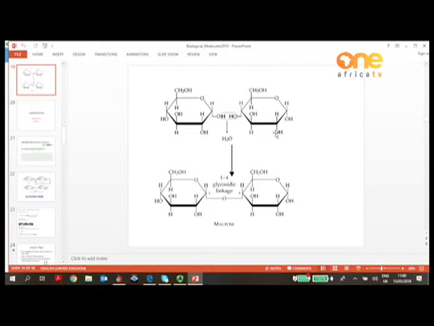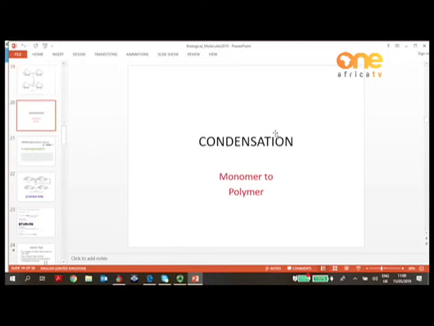Good. Water was the byproduct when condensation takes place. To reverse it, I need to split the water and add it back on the correct spots. Good. Okay, let's continue to the next.